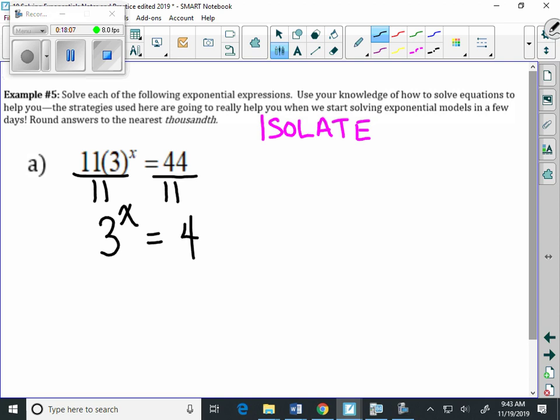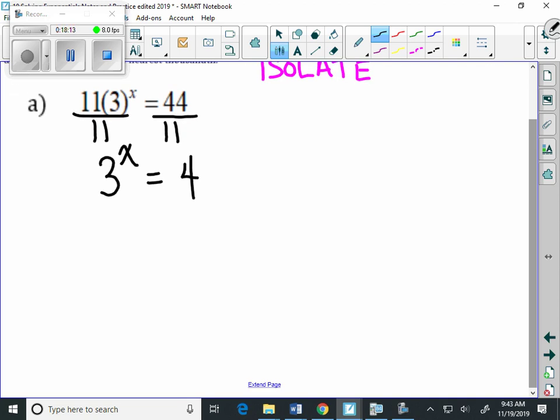Now that we have it in this format, we can solve just like we've solved all of the other ones. We're going to put a logarithm in front of our problem. 3 to the x equals 4. But again, I want to stress, you want to have that 3 to the x part of the problem, that variable as isolated as possible.